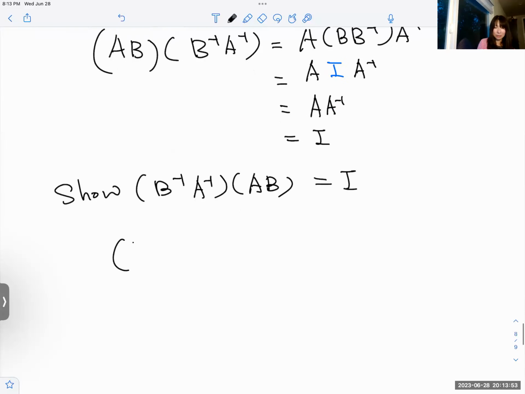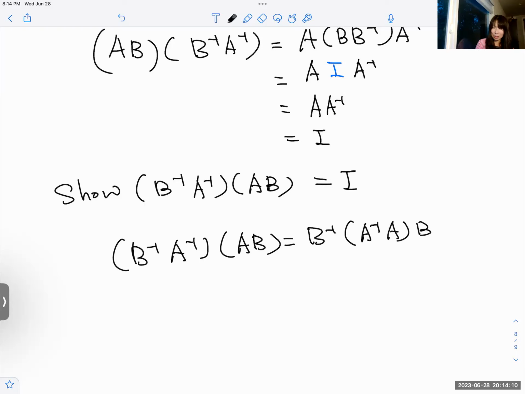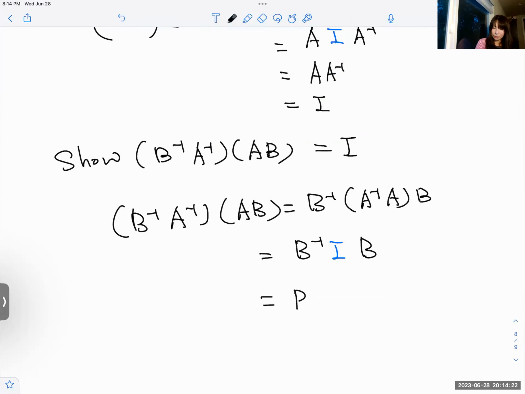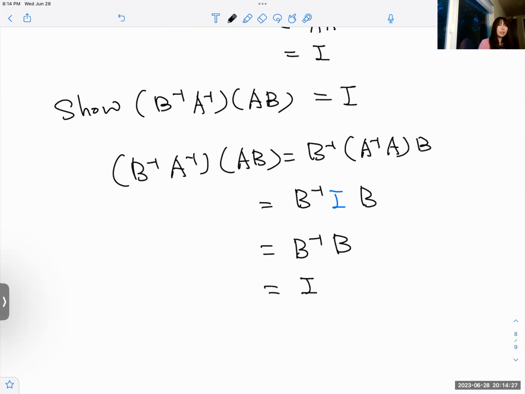So we do inverse of B, inverse of A, AB, same processing. So inverse of B and A inverse of A, B, which is inverse of B and identity, then B, which is identity.